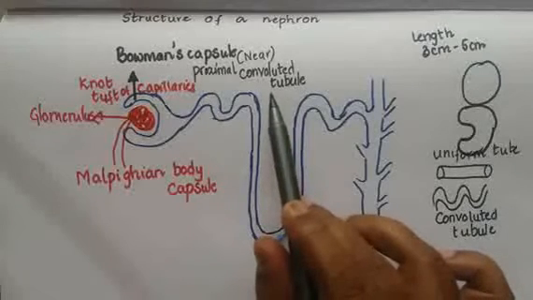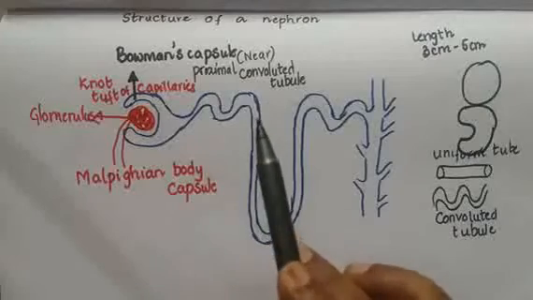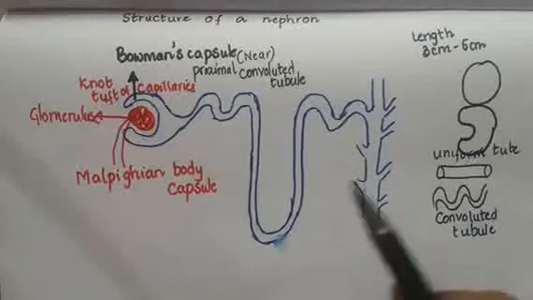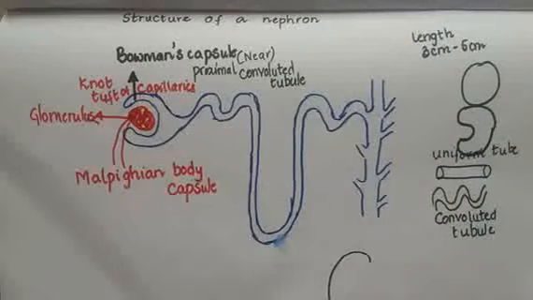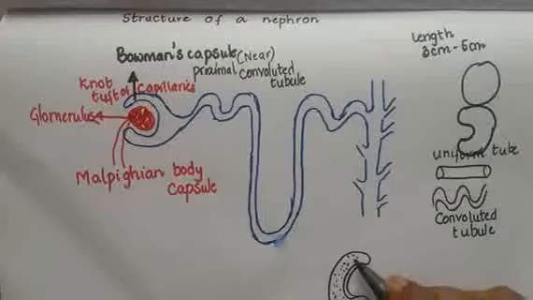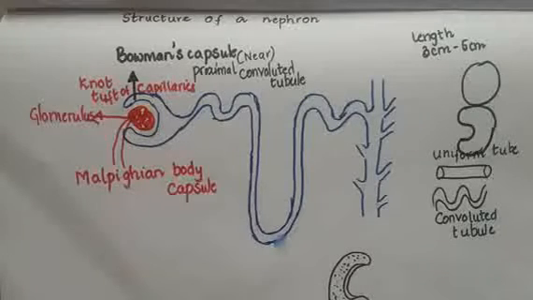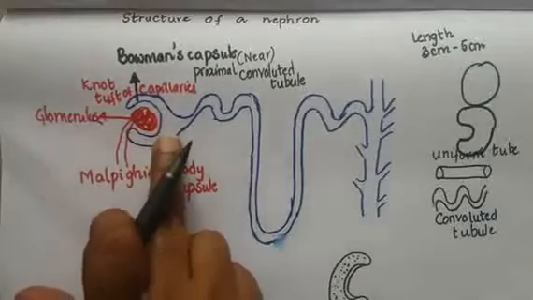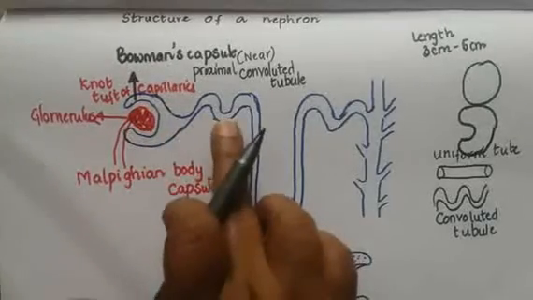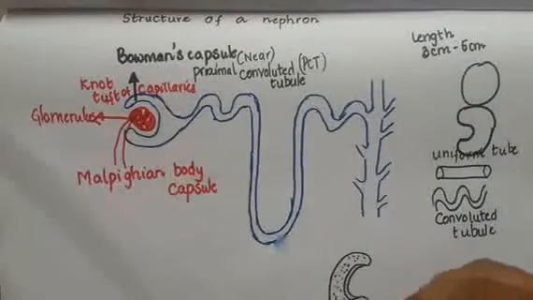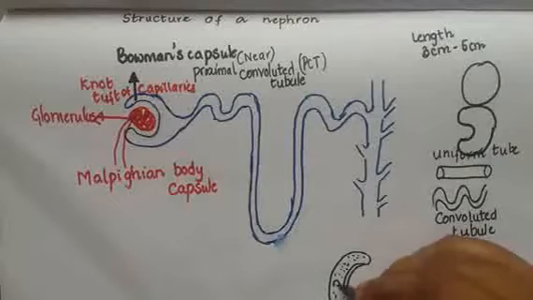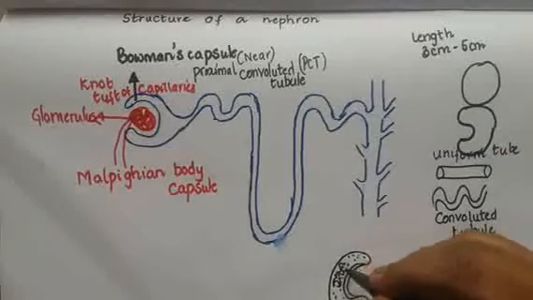Yes, children, I told you the outer cortex of the kidney has a dotted appearance, and this appearance of dots in the cortex is because of the presence of Bowman's capsule along with the PCT, as we call it in short form.